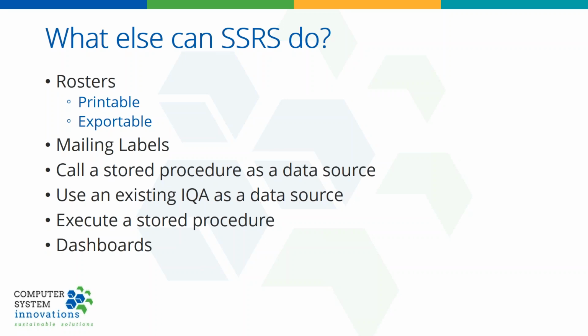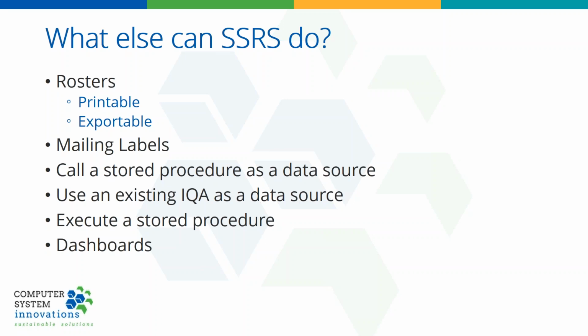Again, we could be here for hours and hours giving you examples, but here are some examples of what else it can do. Rosters is what she gave you an example of: printable, exportable, those pretty versions that we want to give our members to be able to export. Mailing labels is also a great use.